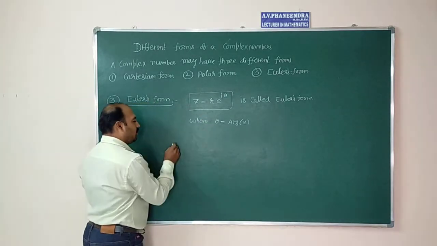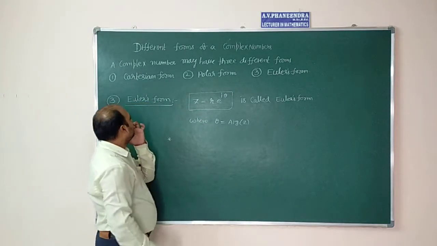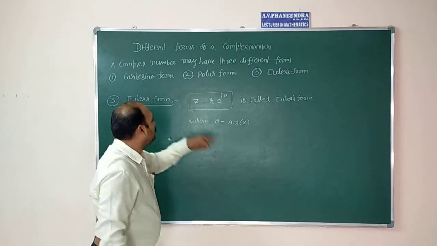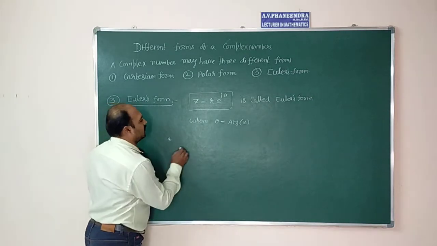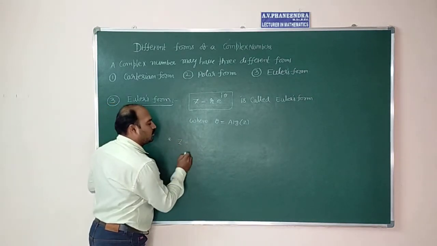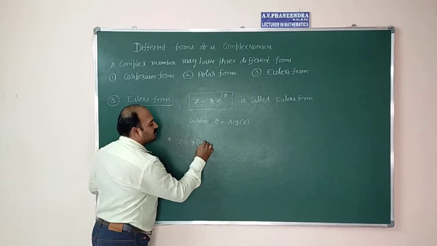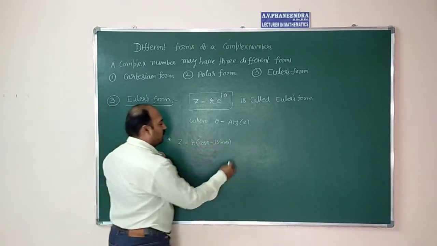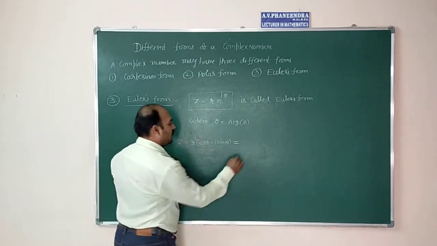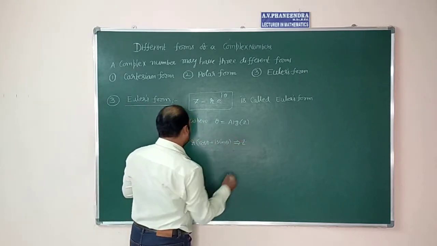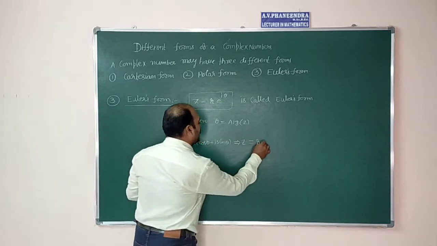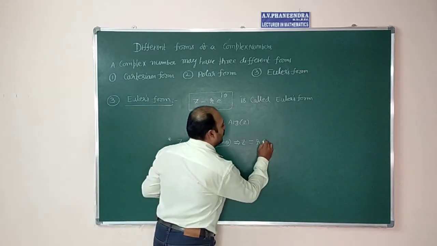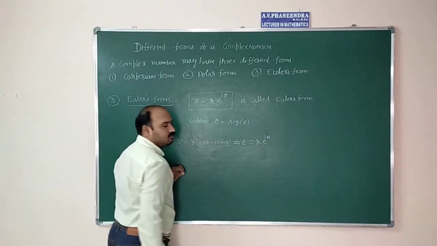And one more thing you have to remember, this Euler's form will be converted from polar form. See, suppose z is equal to r into cos theta plus i sin theta, which implies z equal to r into e power i theta.